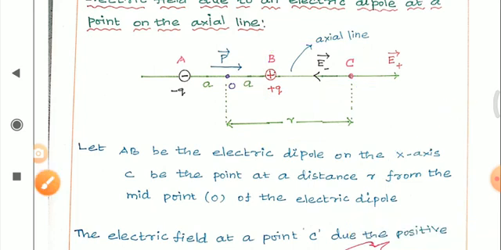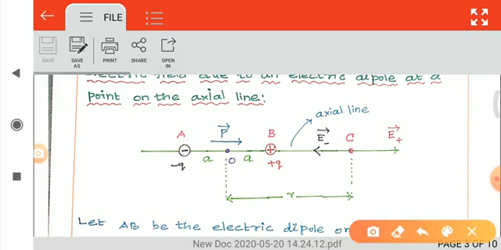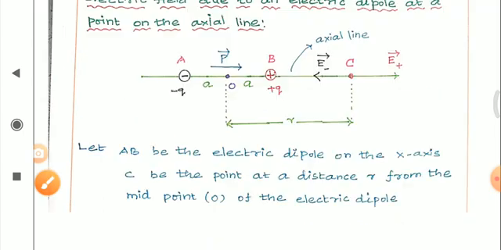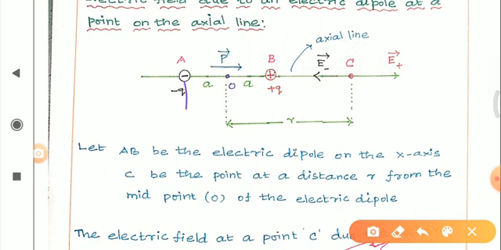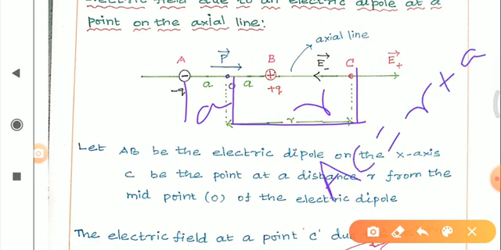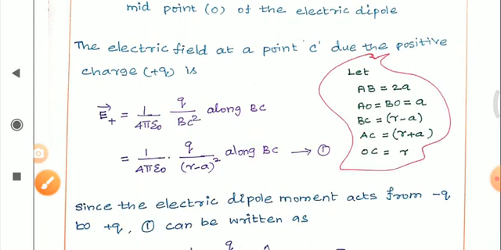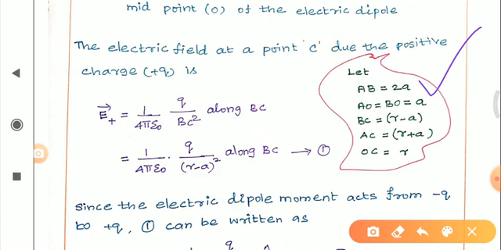Then AC means from the negative charge to C. Up to distance r from the midpoint, and this is a, that's why AC is equal to r plus a. But BC is r minus a. You have to understand this while preparing these values from the diagram.